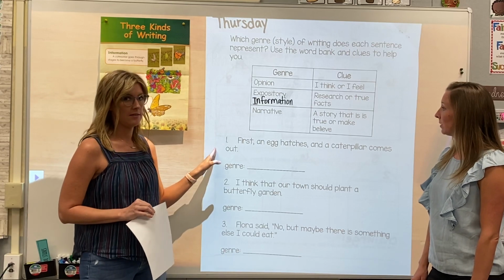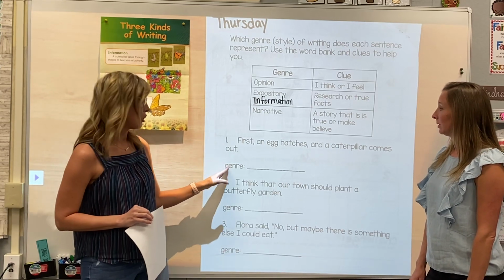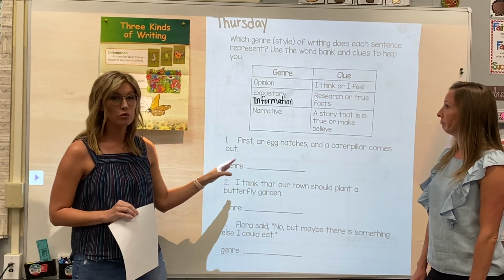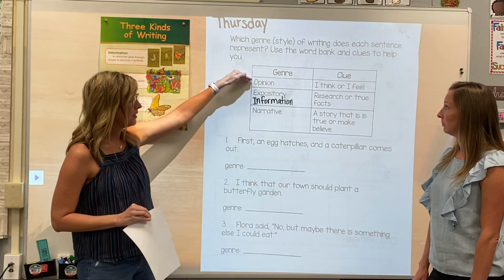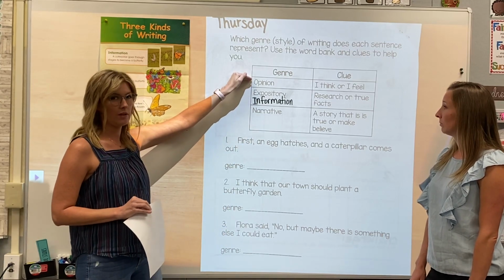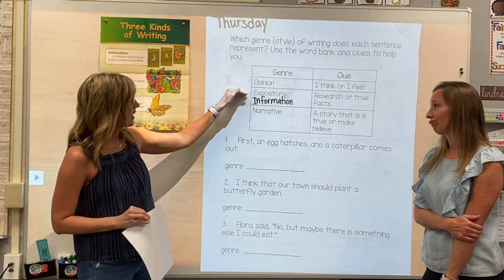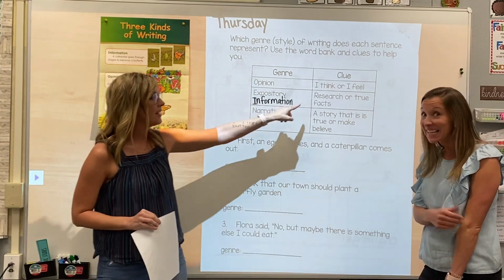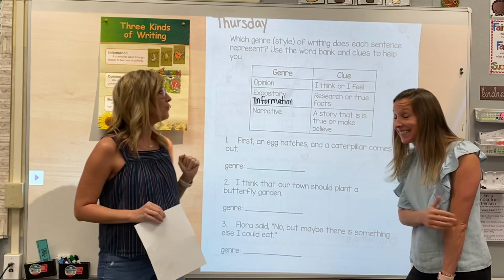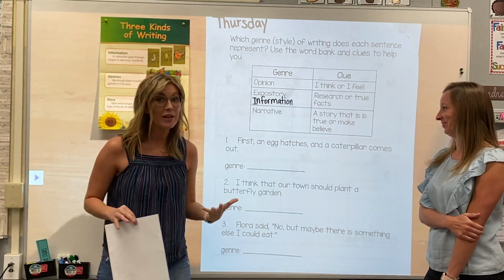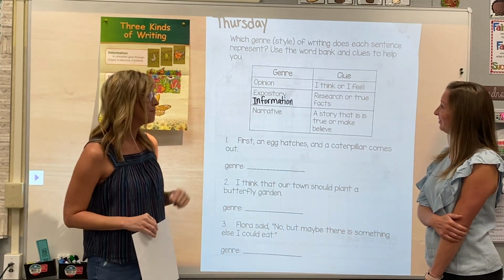Using that sentence, we need you to tell us what genre that came from. What story's genre? Was it an opinion piece? Were they telling you what they think or feel about butterflies? Was it expository? Were they giving you true facts about the life cycle of a butterfly?